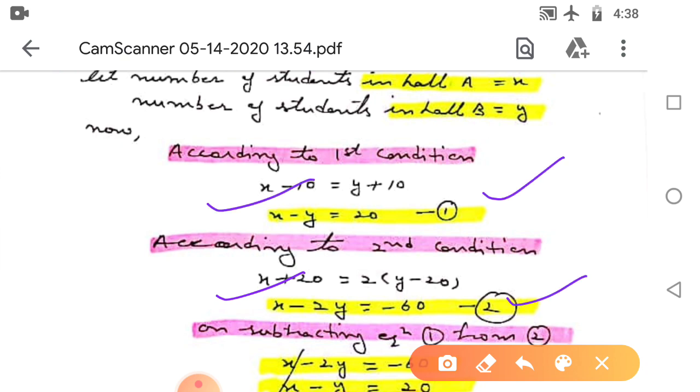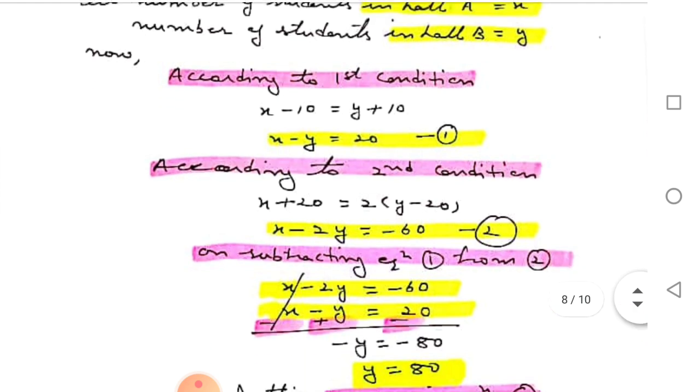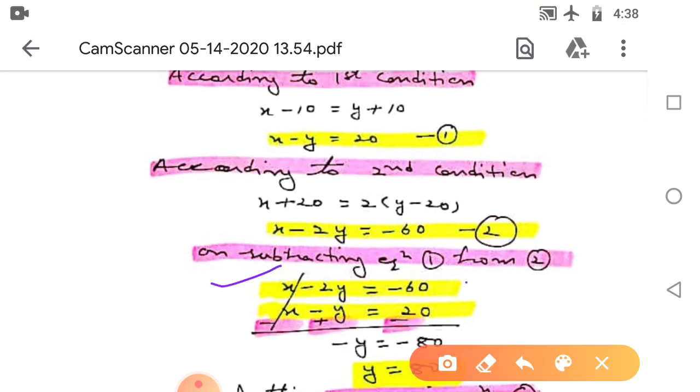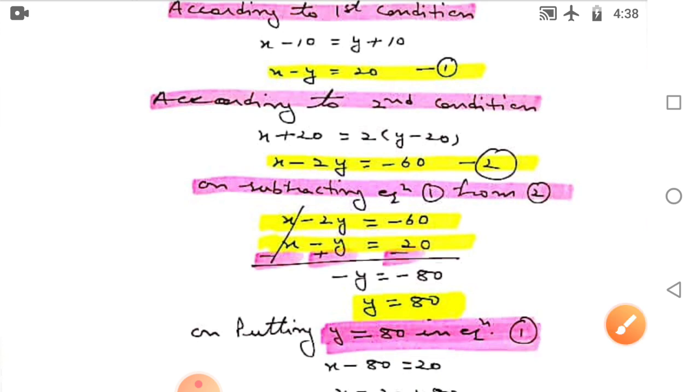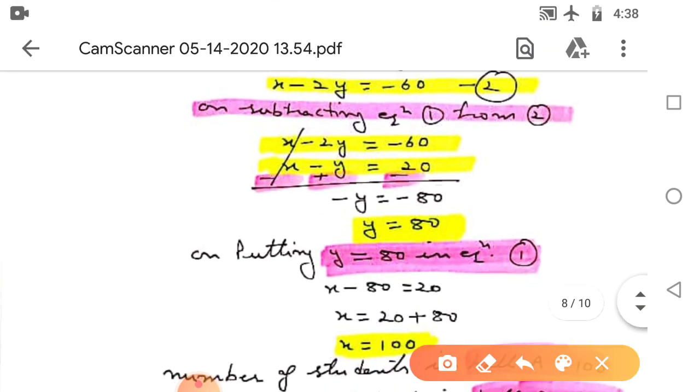On subtracting equation 1 from equation 2, we finally get the value of Y as 80, and after putting the value of Y in equation 1, that is X minus 80 is equal to 20.